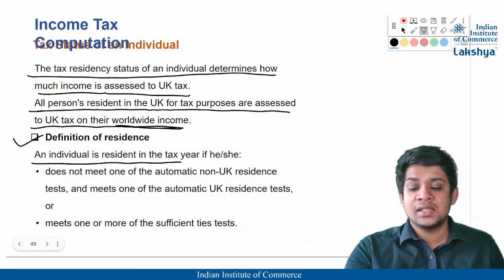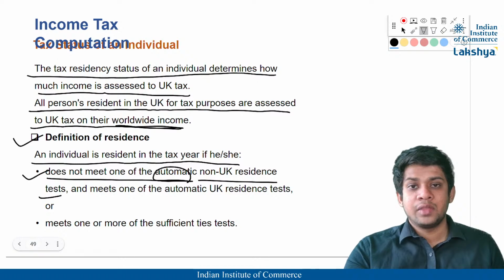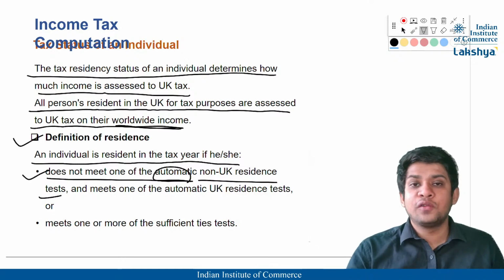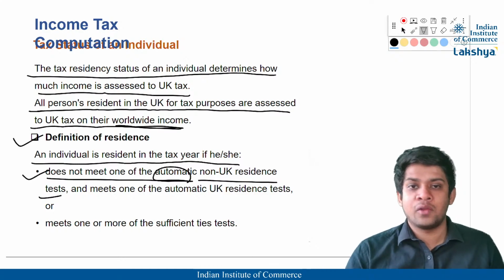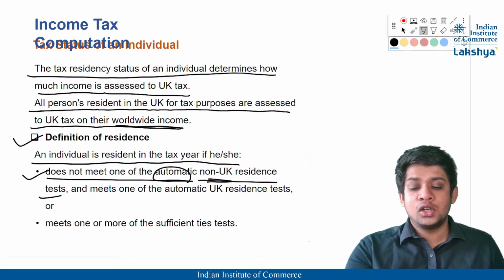An individual is a resident in the tax year if he or she does not meet the automatic non-UK residency test. Okay. So there is a test which if you fulfill those tests, then you will automatically be a non-UK resident. And if you do not fulfill those tests, then you will have to go forward to identify if you are a resident.